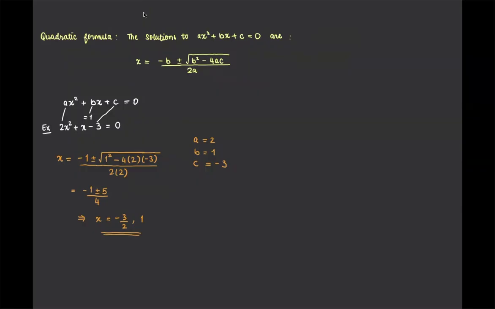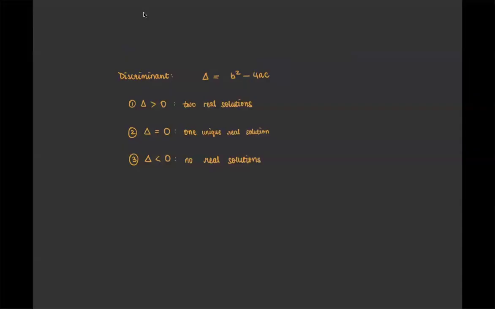All right. And as a last piece of content for this video, let's cover the discriminant. The discriminant is denoted by the Greek letter delta.